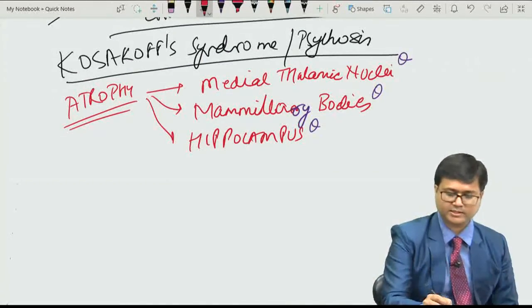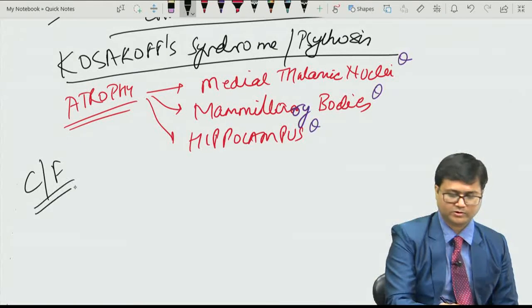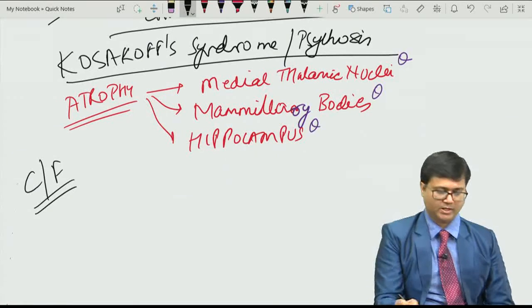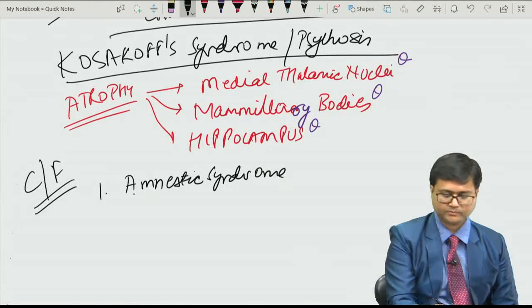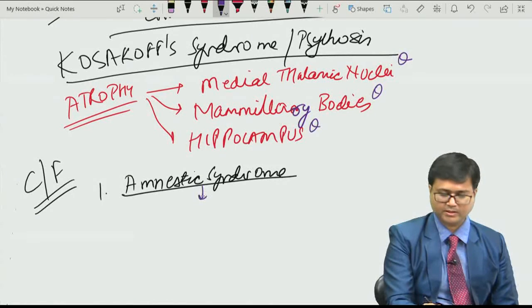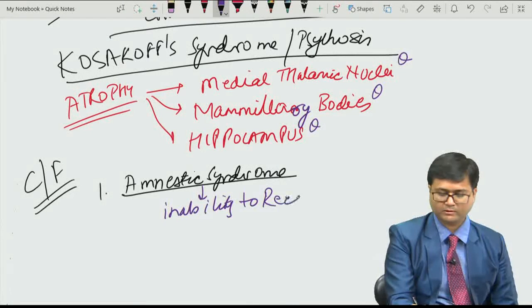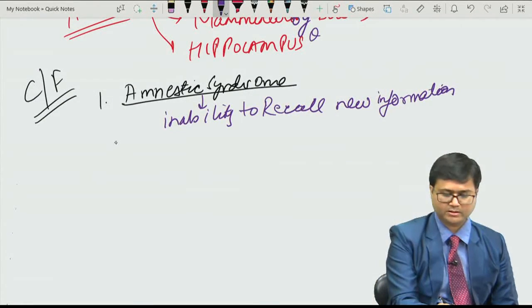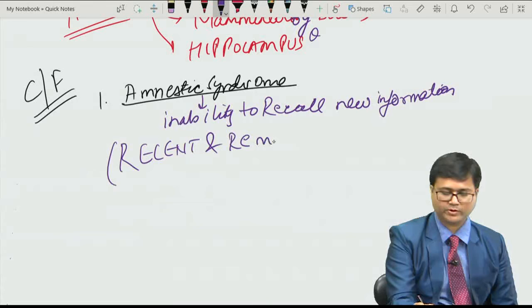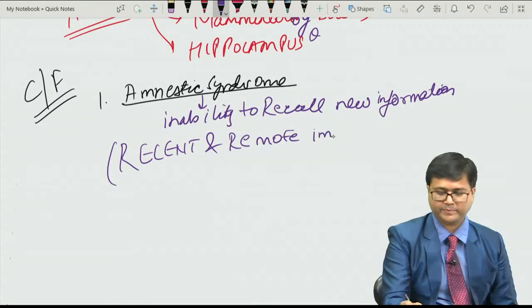Now, what are the various clinical features of Korsakoff psychosis or Korsakoff syndrome? First, it leads to amnestic syndrome, where there is inability to recall new information, especially the recent and remote memories are impaired.